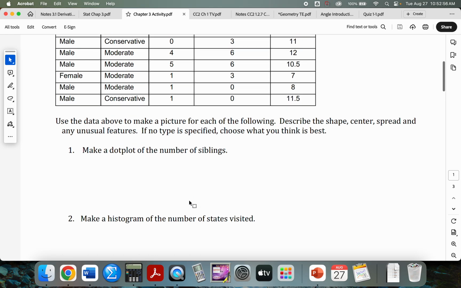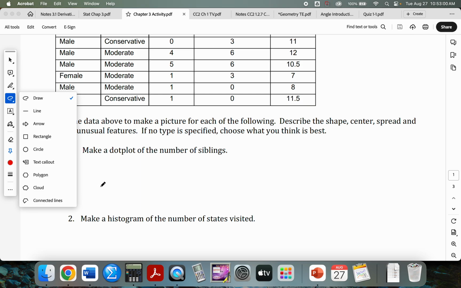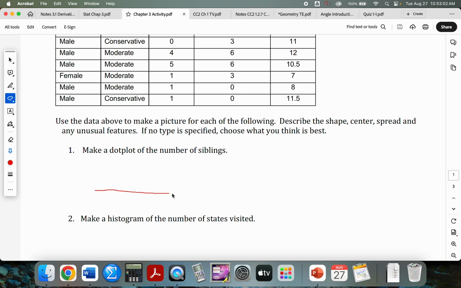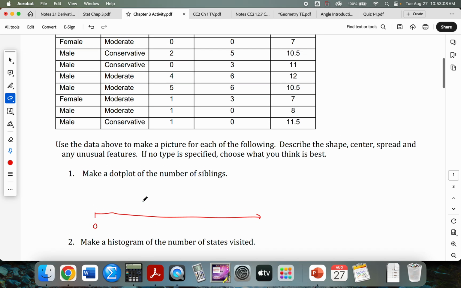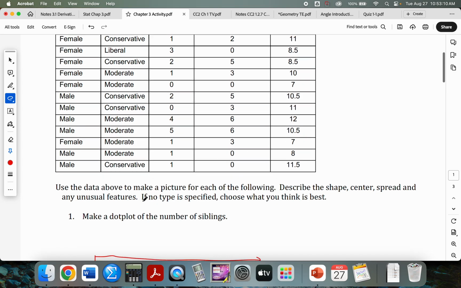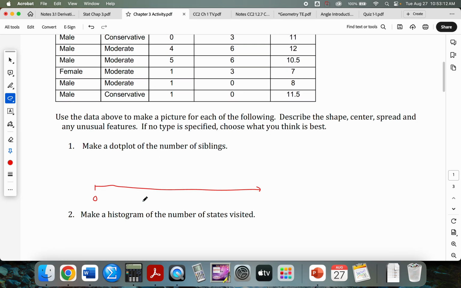So here, let's do the dot plot. For the number of siblings, what's the most siblings that anybody had? 5? Yes.